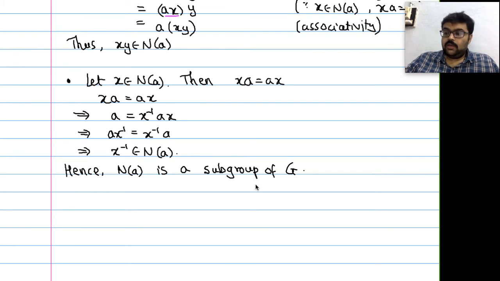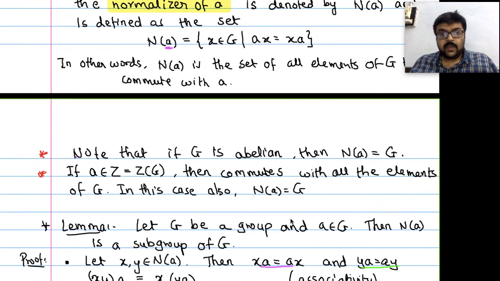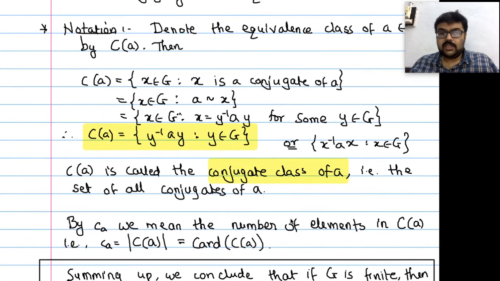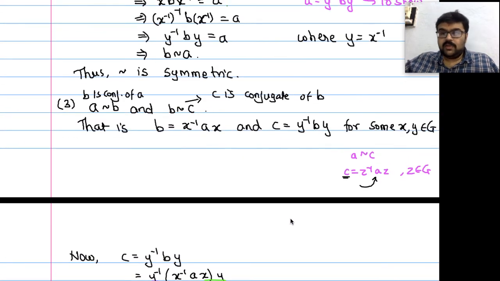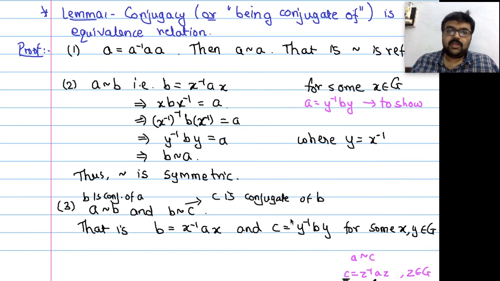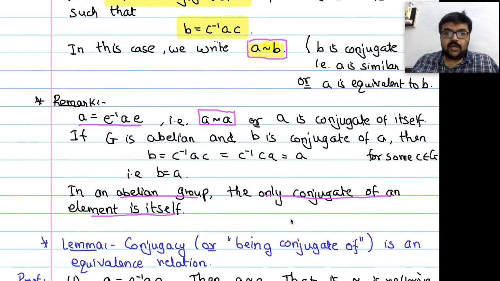So now we go to the relation between N_A and C_A. As we have seen, there is some relation. Why did this come into the picture?